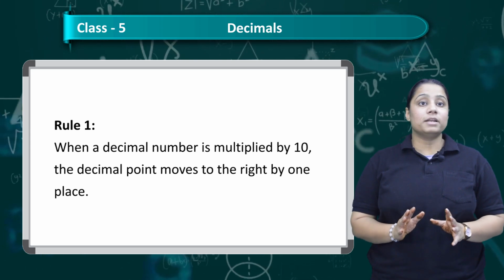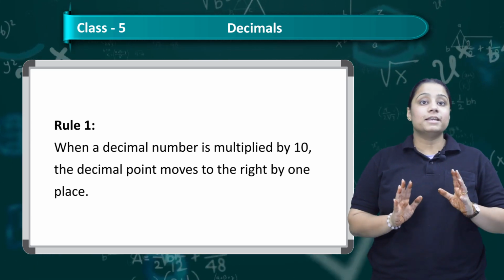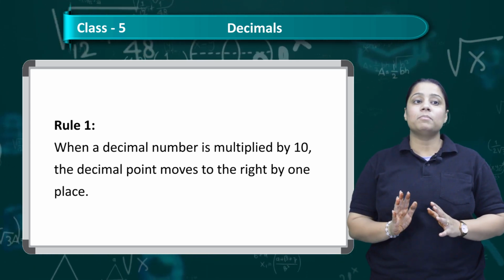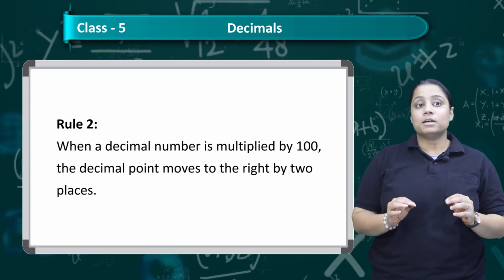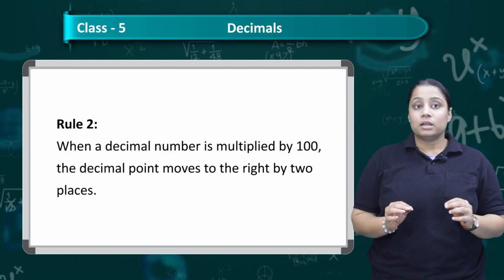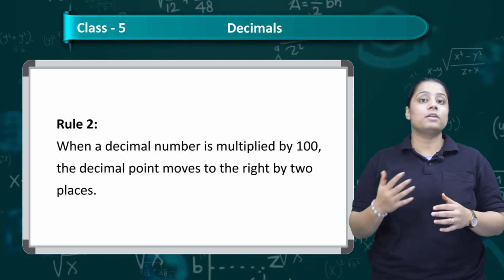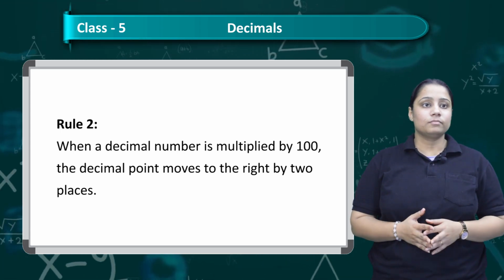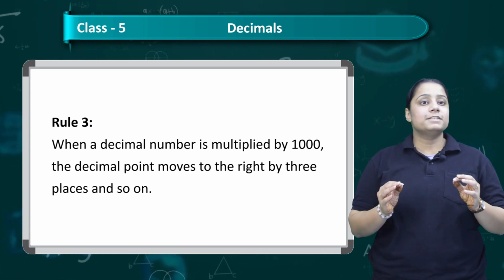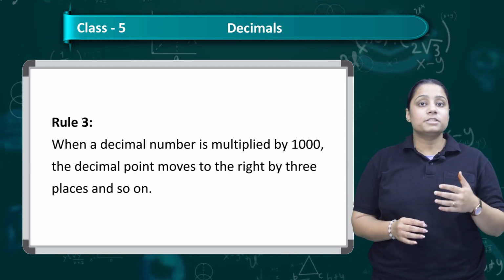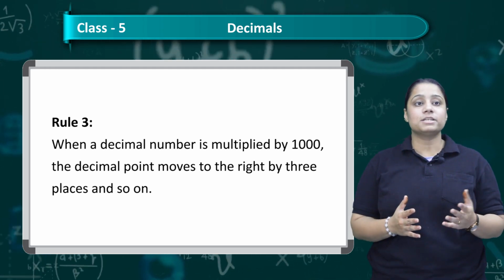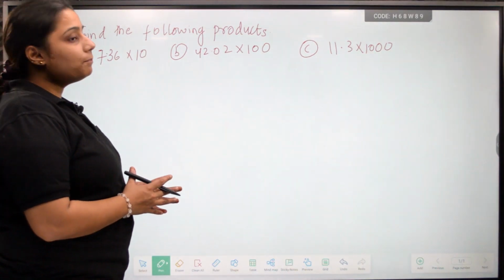When a decimal number is multiplied by 10, the decimal point moves to the right by 1 place. Rule 2. When a decimal number is multiplied by 100, the decimal point moves to the right by 2 places. Rule 3. When a decimal number is multiplied by 1000, the decimal point moves to the right by 3 places, and so on.